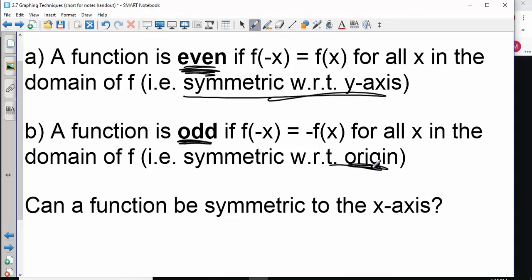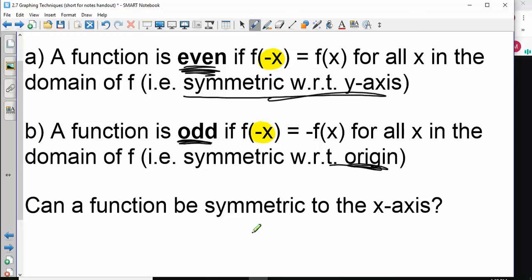So we can check this the same way, but a lot of times it's written in function notation already. So all we really have to do is plug in a negative for our x. If it's even, that's the same as symmetric to the y. We said a positive x and a negative x give you the same answer, right?